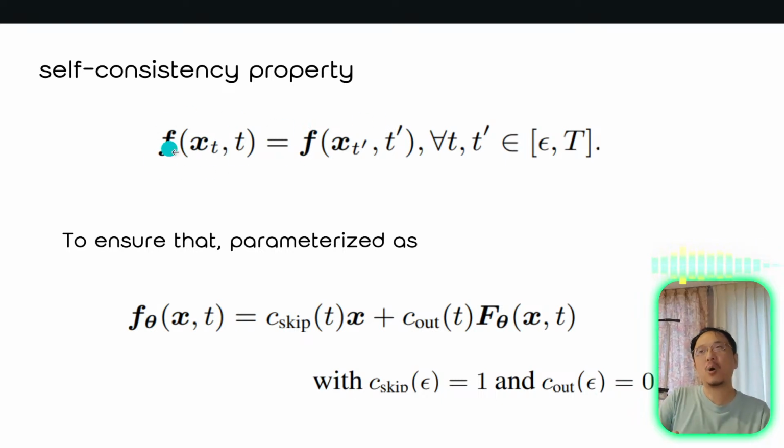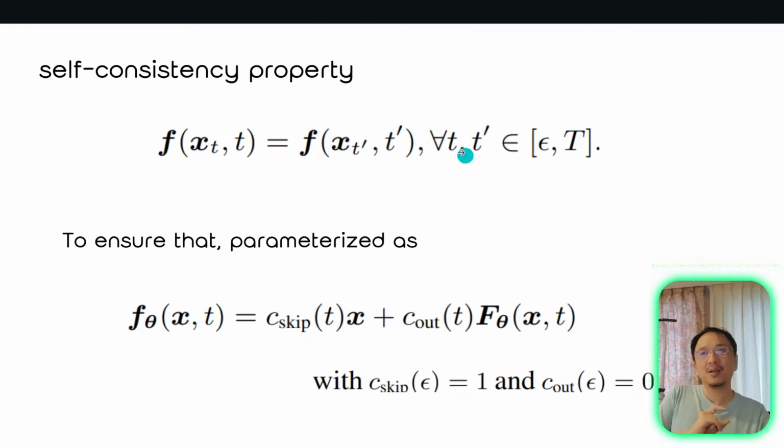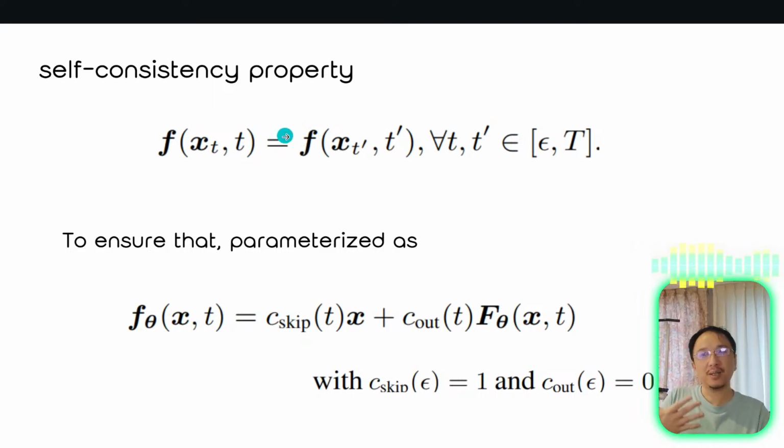So no matter which step it is, the result should be the same because they have the same origin. That means self-consistency. This property is used in the loss, because we want to minimize the difference between two of them.